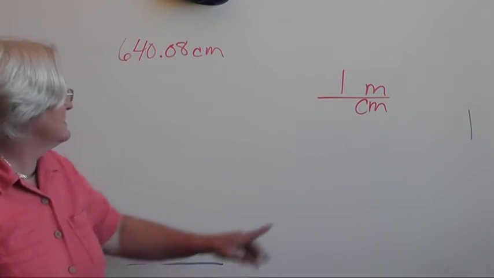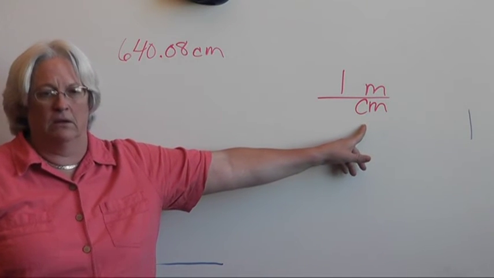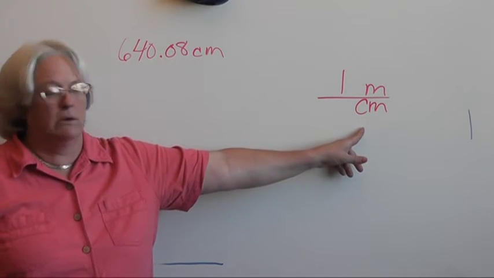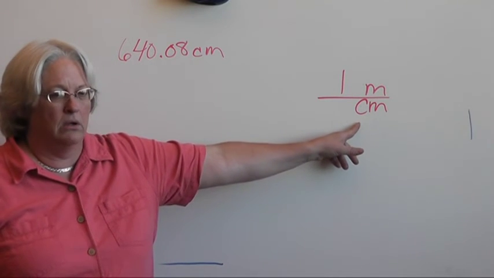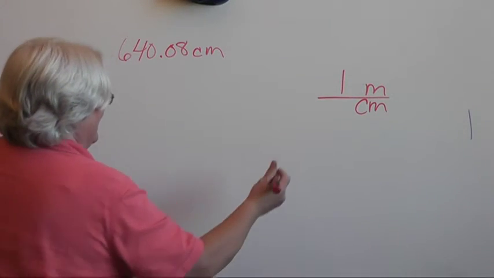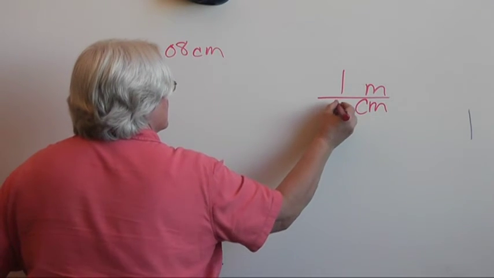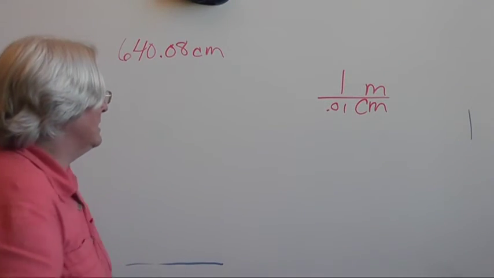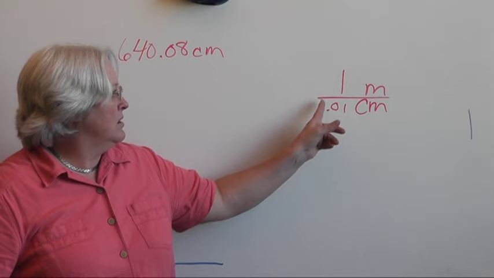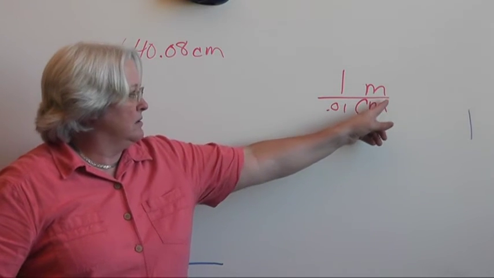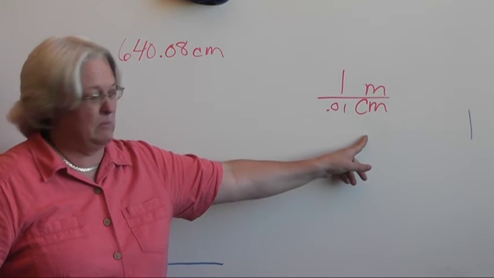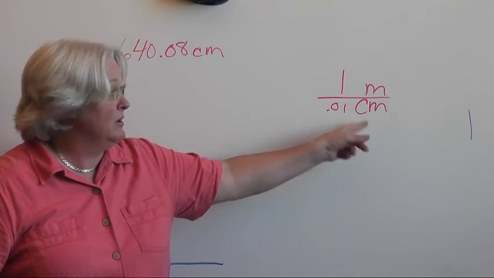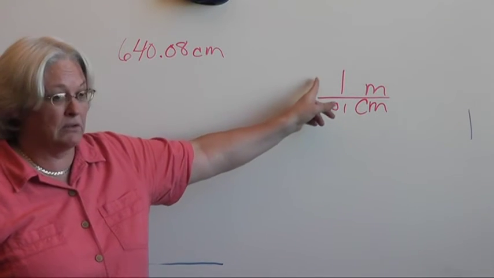What does centi mean? 1/100th, and how would you write 0.01? Right here, this says that 1 meter is equal to 0.01 centimeters, is that right? Do I have the relationship correct here?